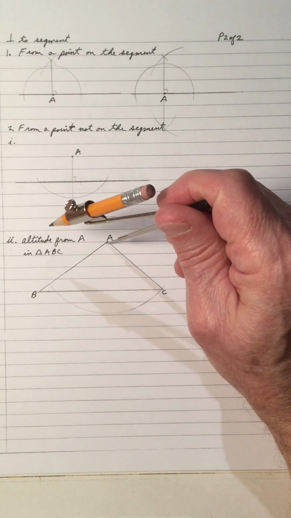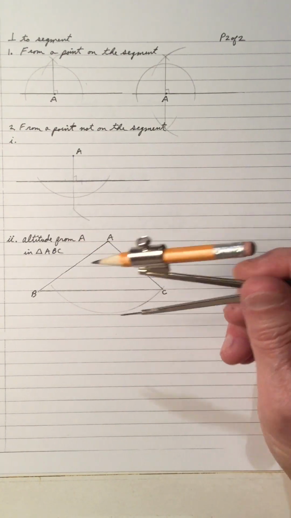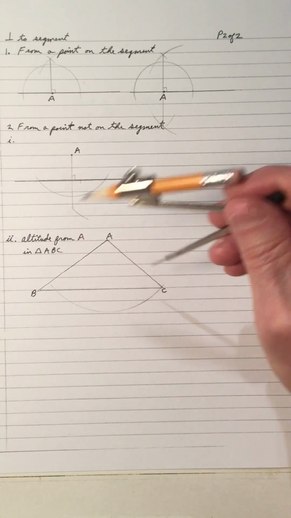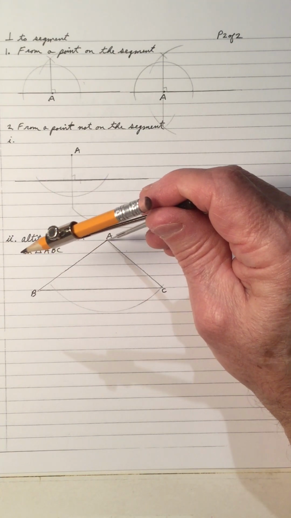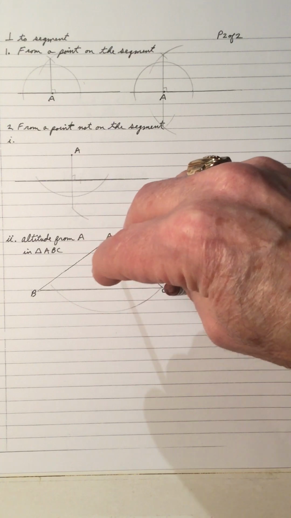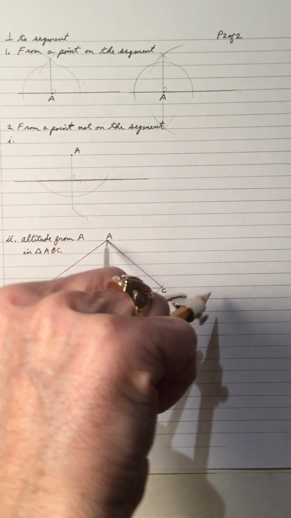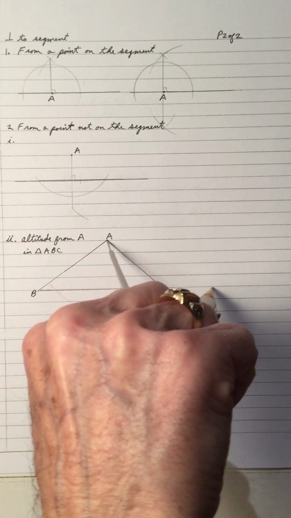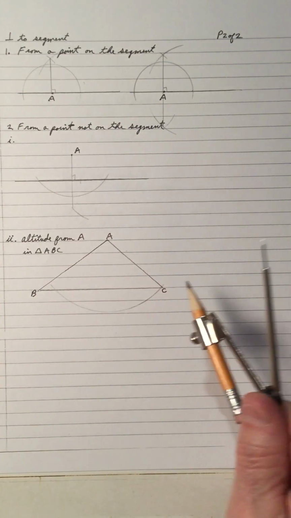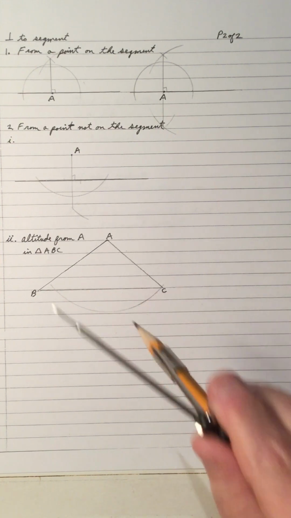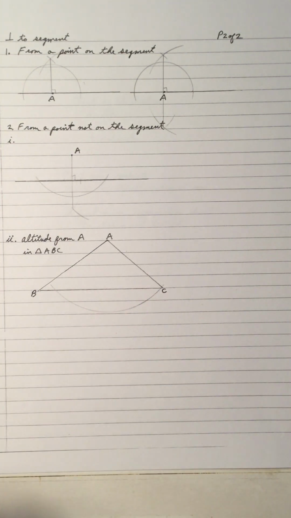In other words, I could make the arc bigger, but if I make the arc bigger and place it at A, then I have the segment out here further, which means I have to extend this segment out through here. So what I have here is okay, as long as it cuts BC.